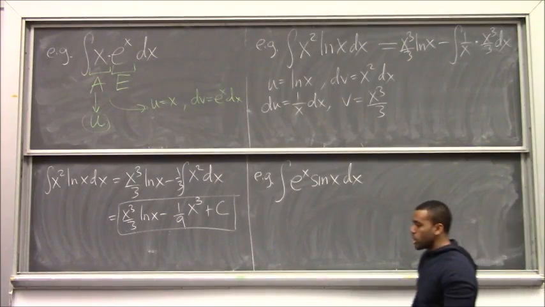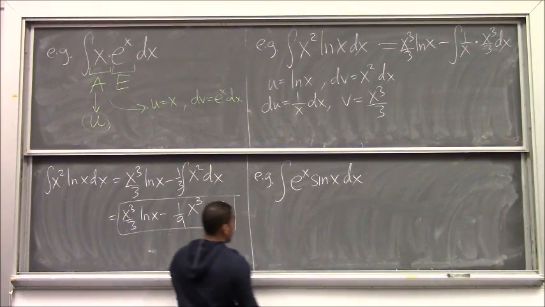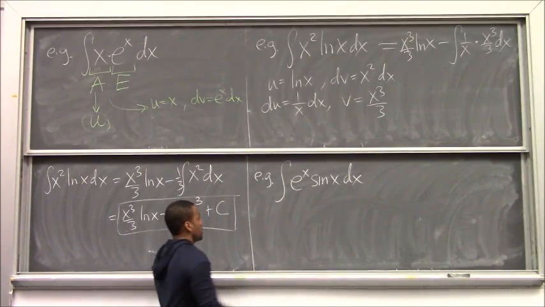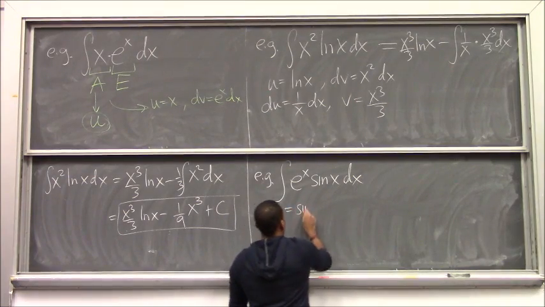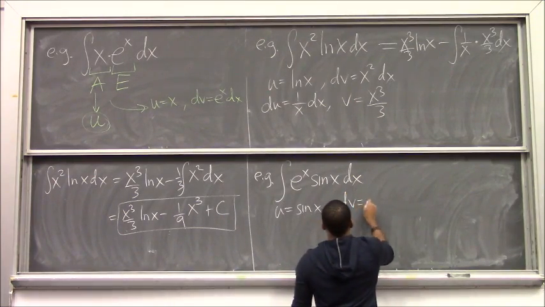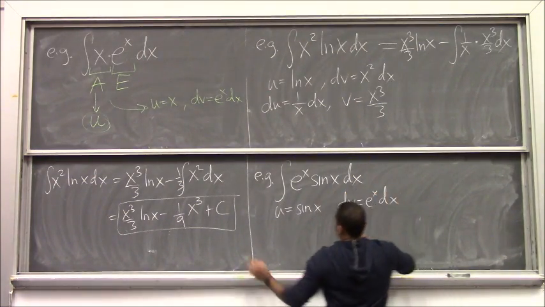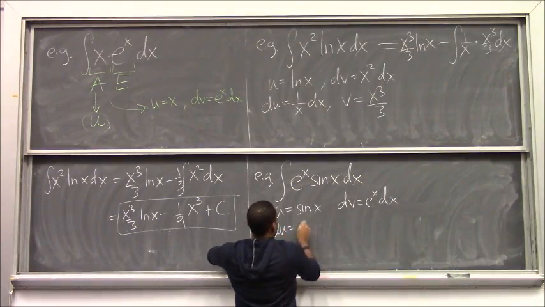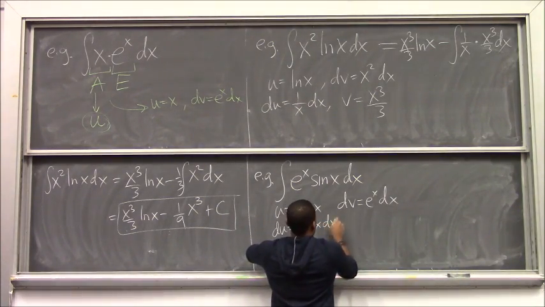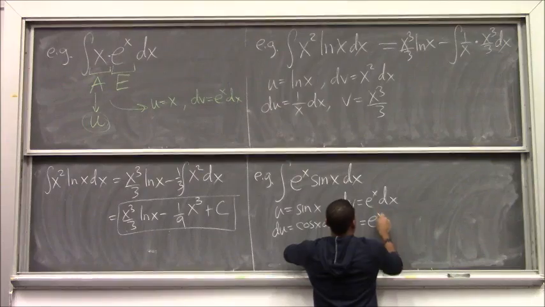Okay, so we're going to choose integration by parts. What do we choose here? Sine is u. This means your du is going to be cosine. Your v is going to be e to the x.